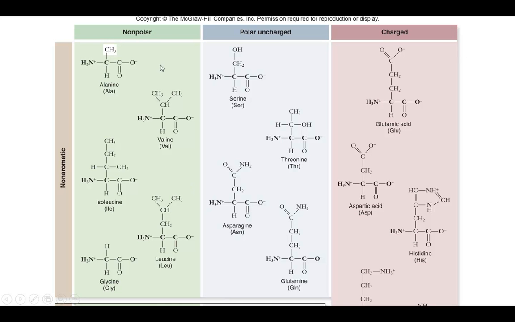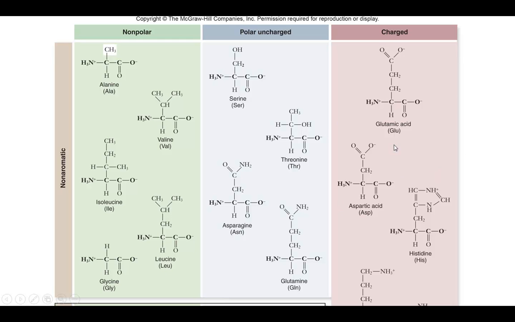Okay, these are amino acids. I'm just showing you this. You don't have to know all these. I'm just showing you this to show you that in white here, that is an R group, and that's what defines the difference. Other than that, they are all the same. But this R group has a CH3 on it. That's called alanine. This one has a long chain of carbon and hydrogens. That's leucine.